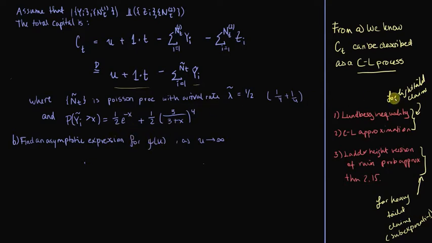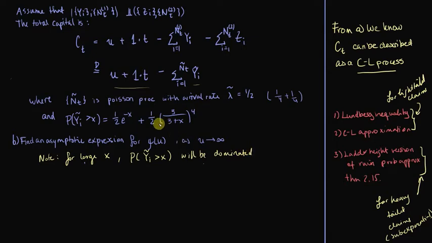Now let's try to see what happens to this tail probability when x becomes large. So for large x, this tail probability will be dominated by what?